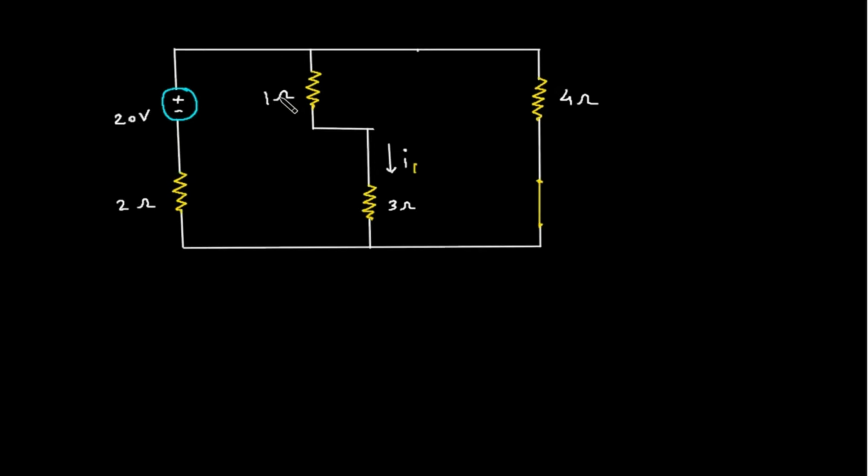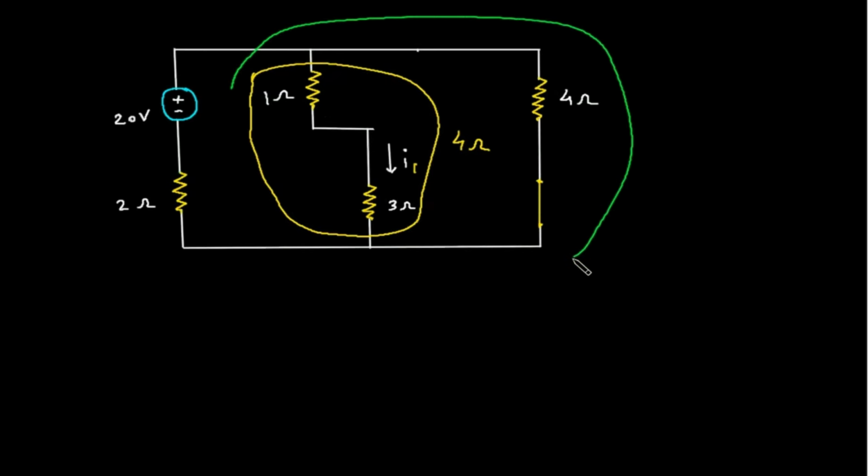As we can see, this 1 ohm is in series with this 3 ohm. So this will be 4 ohm. Now this 4 ohm parallel with this 4 ohm. So this will be 2 ohm. Now this 2 ohm series with 2 ohm. So this will be total resistance 4 ohm.